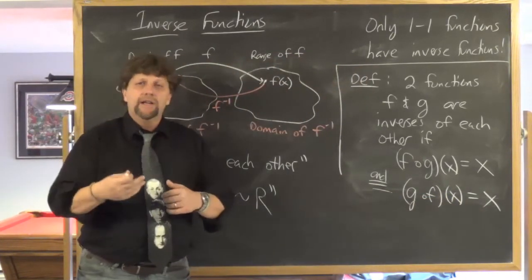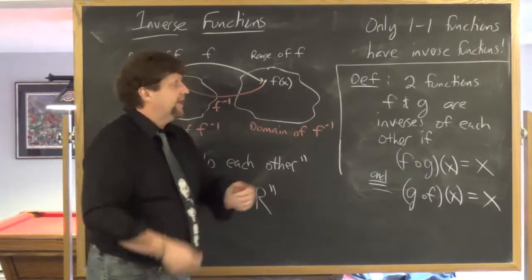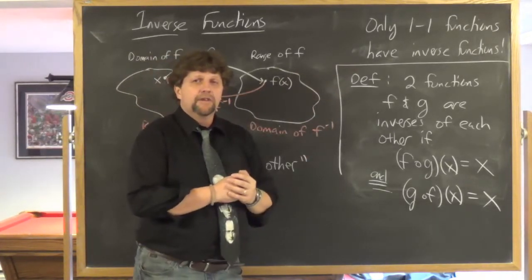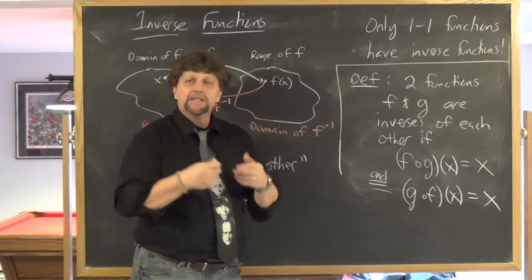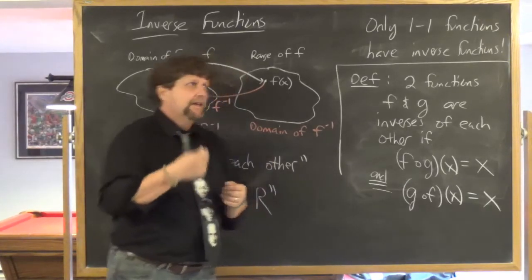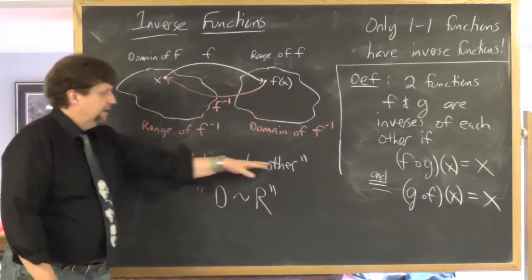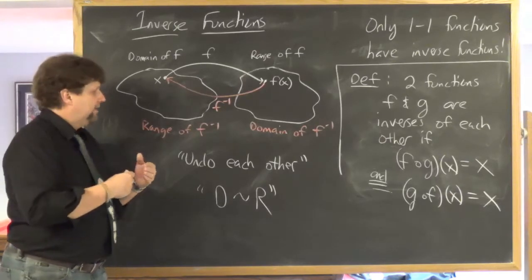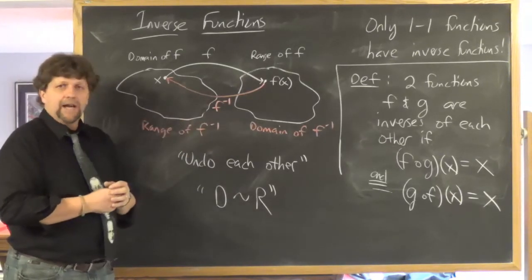So before we go on and do an example, let's recap real quickly. First, only one-to-one functions have inverse functions. How do you know if you have a one-to-one function? Well, if it passes the horizontal line test. Second, a function and its inverse function, I'd like you to think, undo each other. And you must have the domain to range agreement as exhibited in the blob diagram.